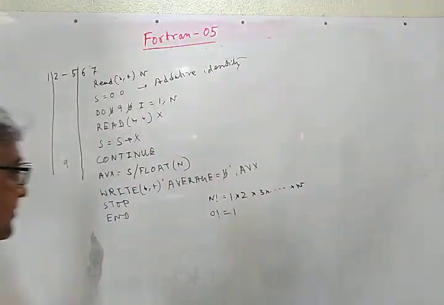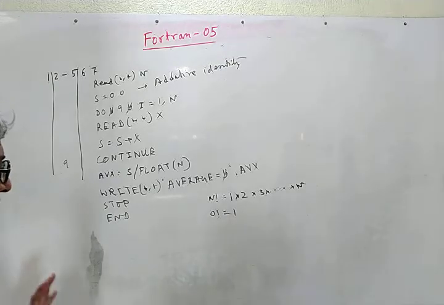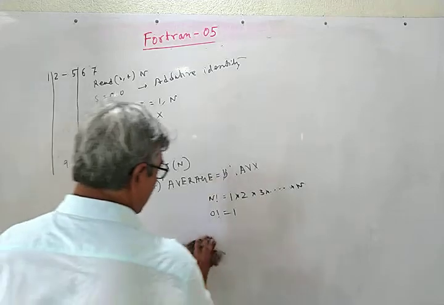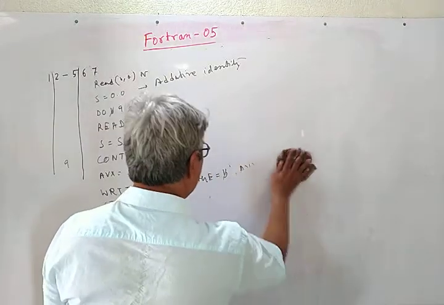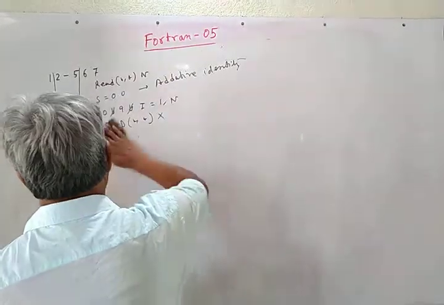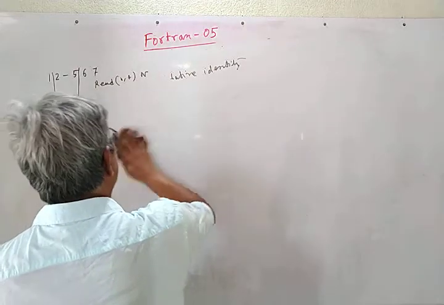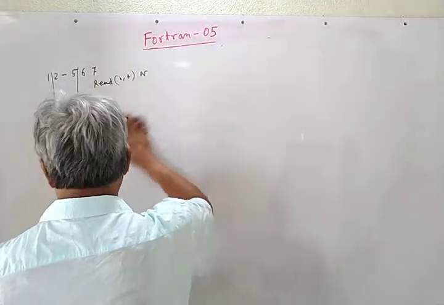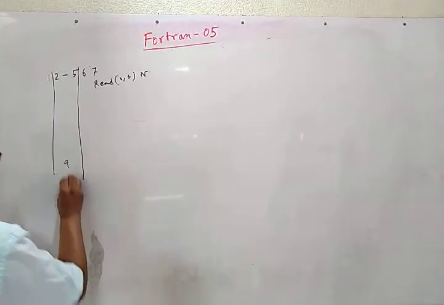this is the factorial n, and we know that factorial of 0 is equal to 1 by assumption, and factorial of negative integers are not defined. So our aim is to calculate the factorial of an integer number. Say the number is n, and I calculate the factorial.